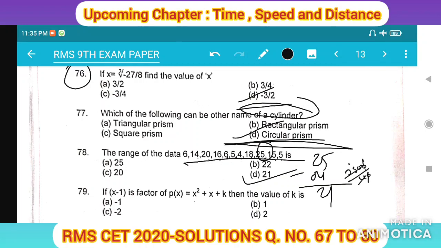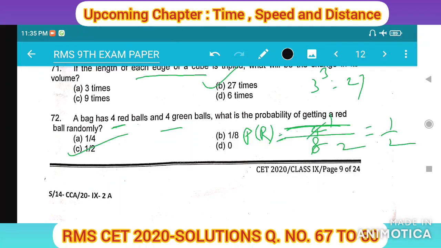Okay, 79. If x minus 1 is a factor of x square plus x plus k, then find the value of k. Very easy. Suppose x minus 1 is a factor of this equation.